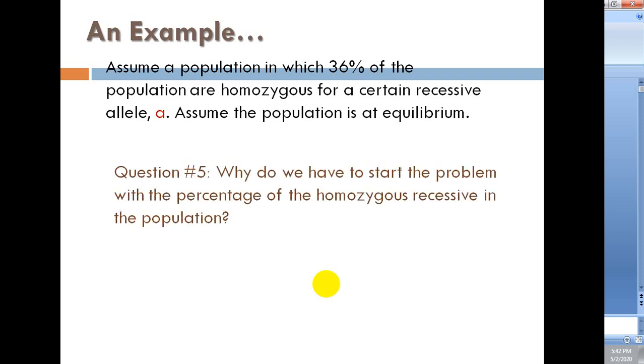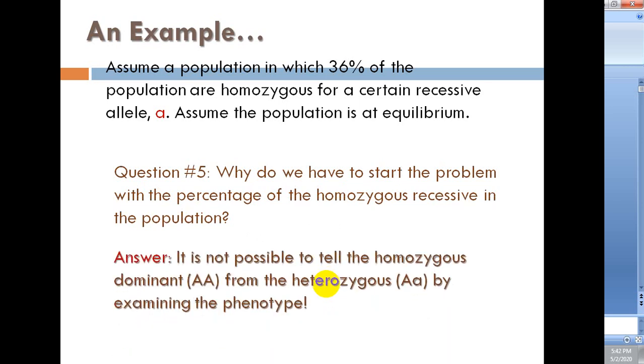Now, why do we start the problem with the percentage of homozygous recessive in the population, but not with the percentage of homozygous dominant? It is because it is not possible to tell the homozygous dominant from the heterozygous by examining the phenotype.